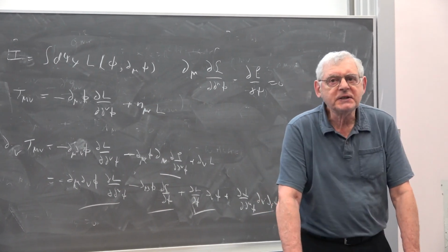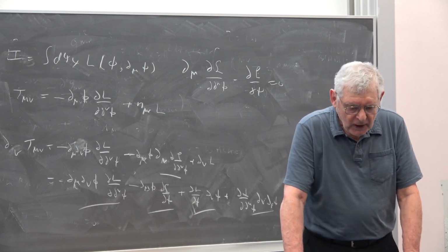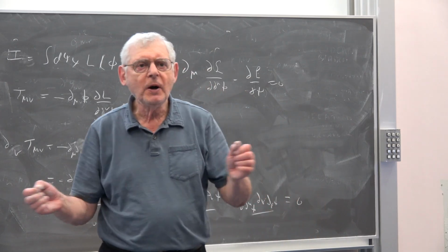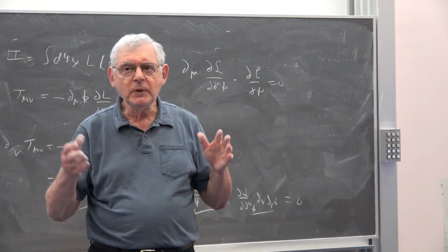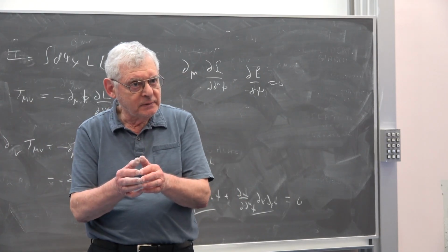Because this is a statistical problem. And what happens is, if you have a theory of particles interacting with each other, the energy will depend on the kinetic energy and the potential energy of interaction.